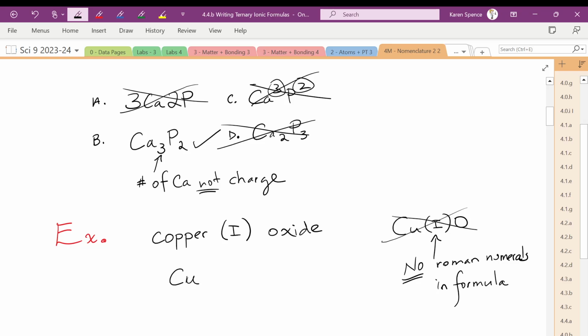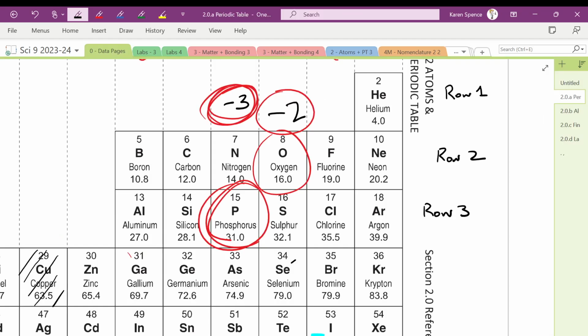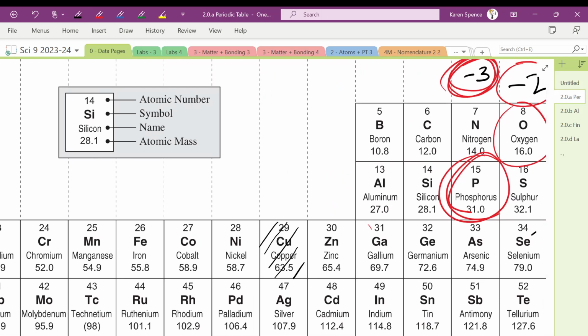Copper is Cu. Now, if we go look up Cu on our periodic table, it is in the middle, and it's actually in the red zone. It's not red right now, but it is in the red zone. This particular periodic table doesn't have it red. Do we know its charge from the periodic table?